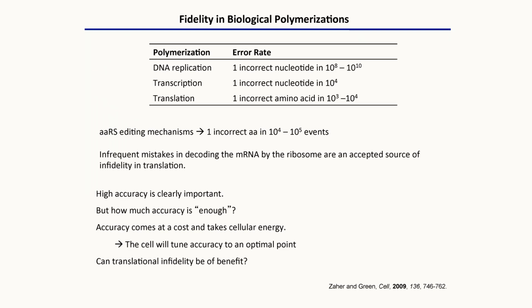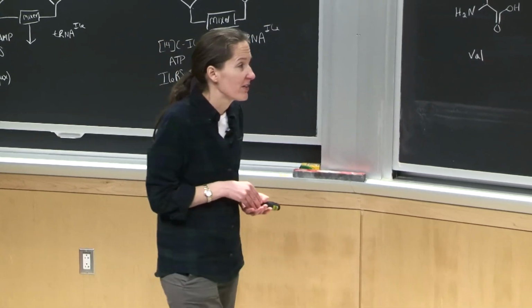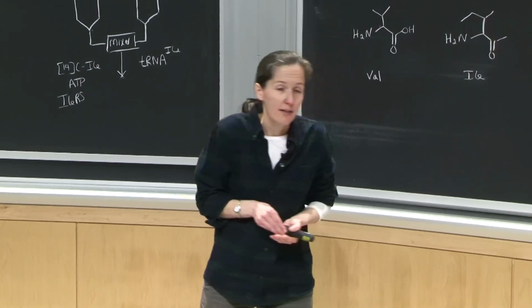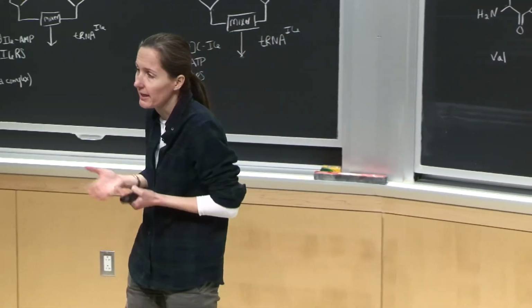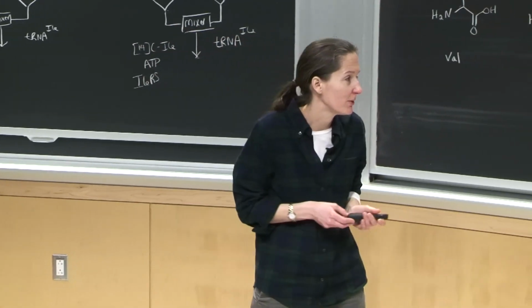So some questions just to think about. Answers aren't going to come up within the context of this course, but higher accuracy is important, but actually how much accuracy is enough? And there is a cost in terms of cellular energy for accuracy. And is it that the cell tunes its accuracy to some point that could be considered optimal?